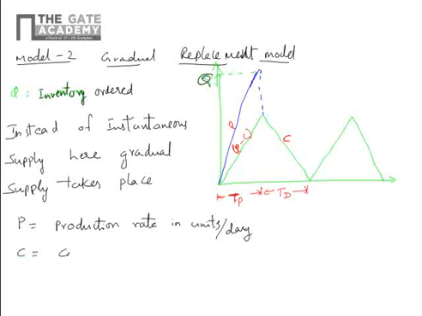C, the consumption rate, in units per day. I am producing 5000, I am consuming 500. So even while producing I am consuming, that's why the resultant graph is shown downwards.